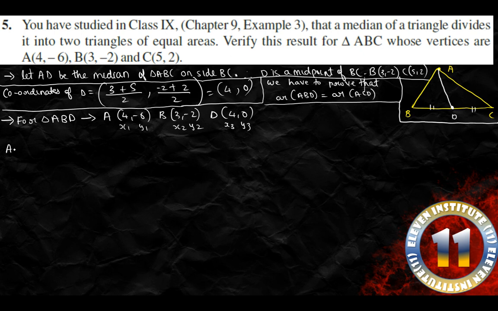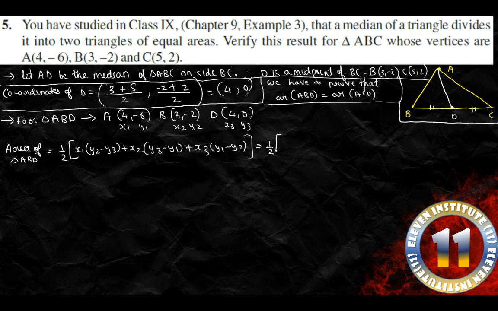So now we very well know the formula for area of triangle ABD, so that is half into the brackets we have x1 y2 minus y3, x2 y3 minus y1 and x3 y1 minus y2. Now let us input the values.